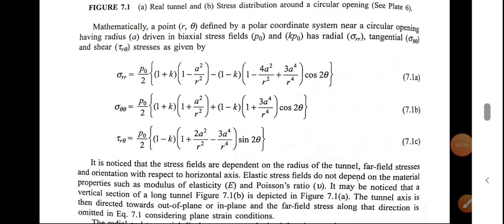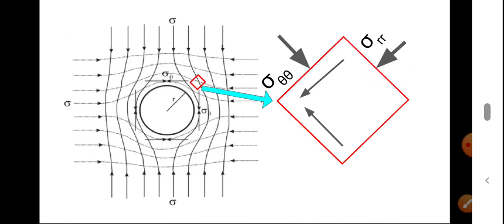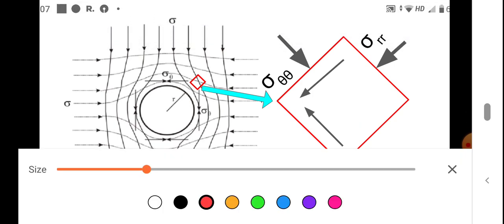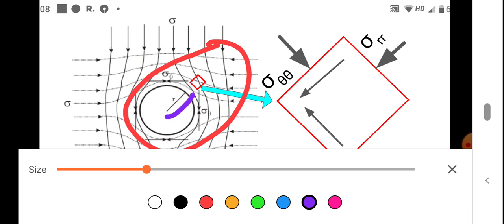These are the three basic equations that we discussed previously. Now, to further understand these equations, suppose we take an element in the rock mass in such an orientation that one of its faces is perpendicular to this radius vector r.